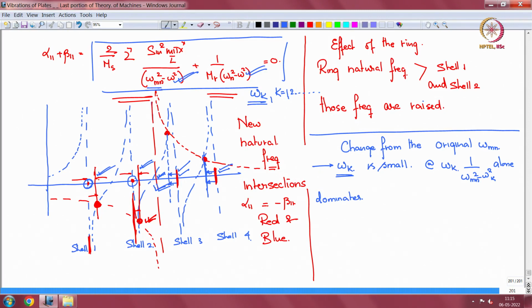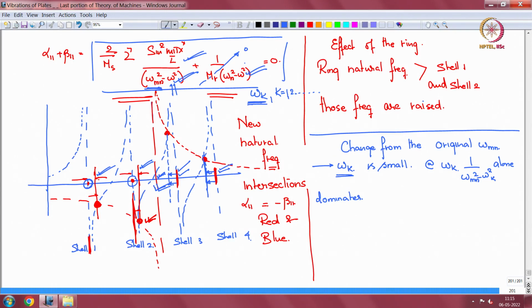If the ring was not there at all, then every omega is omega mn, they don't change.